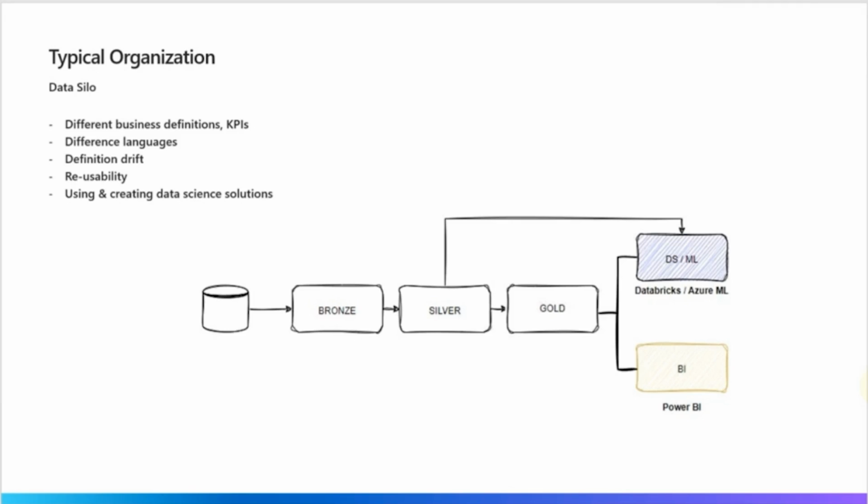Ideally, what we want is for these definitions to be created in one single place and then used throughout the entire life cycle of the project in different stages and different applications and different platforms, without worrying if the definitions have drifted from each other.